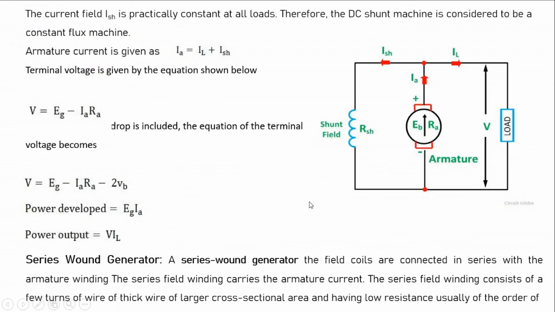So in a shunt wound generator, a very small amount of current flows through the shunt field, and most of the current flows through the armature winding and load. Because the shunt field resistance is very high, with a large number of turns, only a small current flows, and most of the current flows through the load as well as the armature.